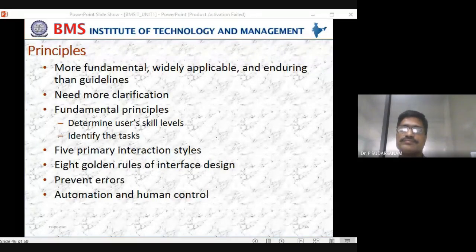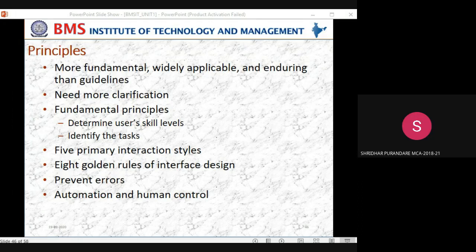Sadhana. Absent. 67. 68. Present, sir. 69. Shraddha. 70. Present, sir. 71.